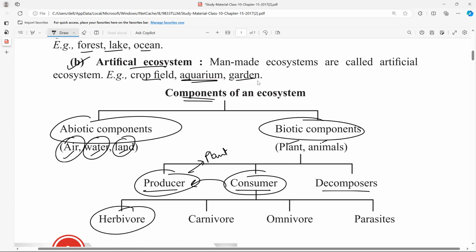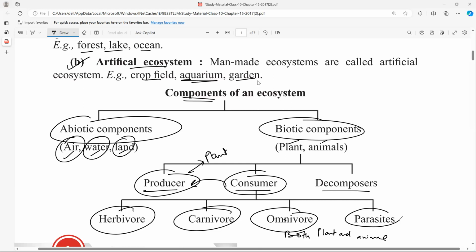They can be carnivores that eat the animals that eat plants. Omnivores eat both plants and animals, and parasites obtain their food from a living host.